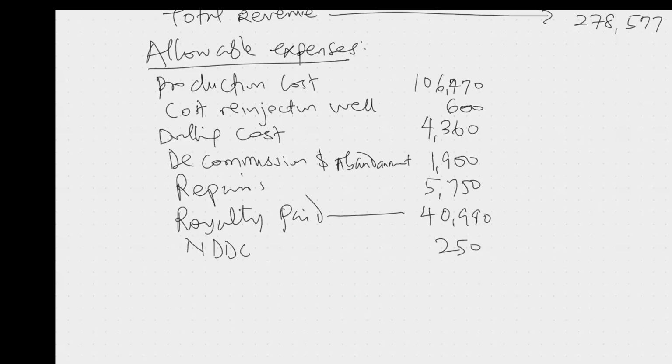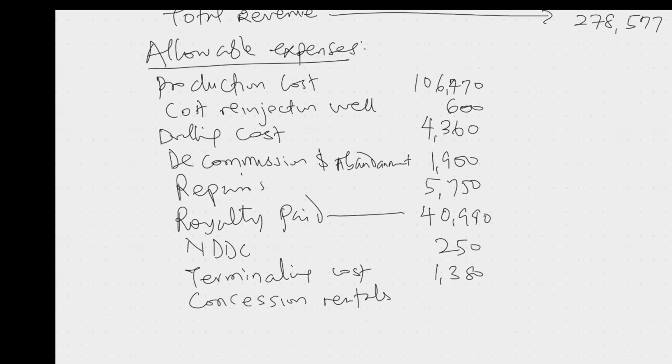Terminally, how much? 1,380. Donation is not allowed. Concession rentals: how much? 20,470.